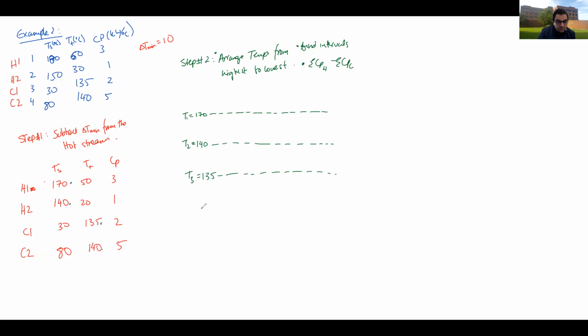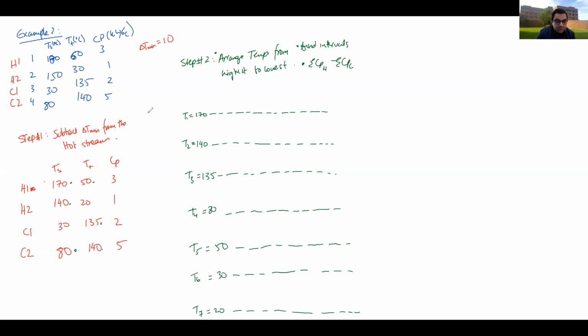T4 is 80. T5 is 50. T6 is 30. And T7 is 20.